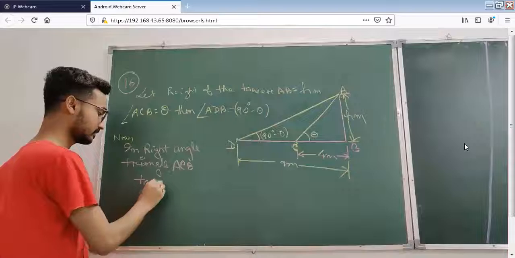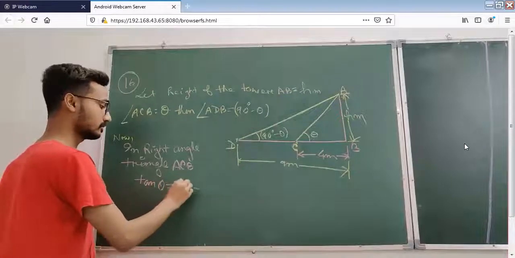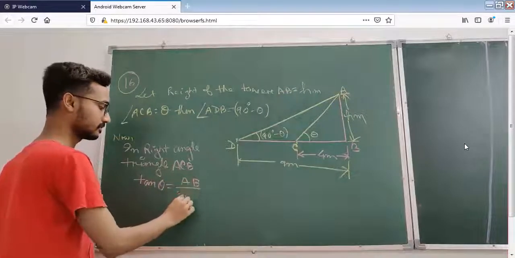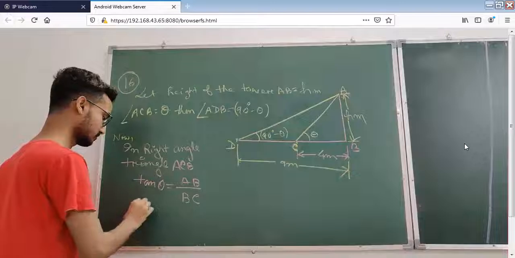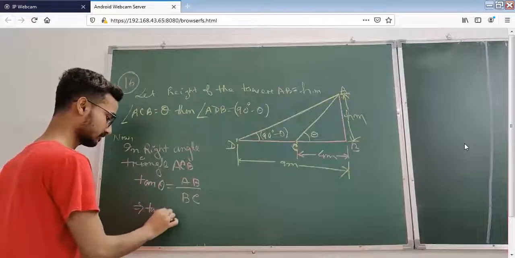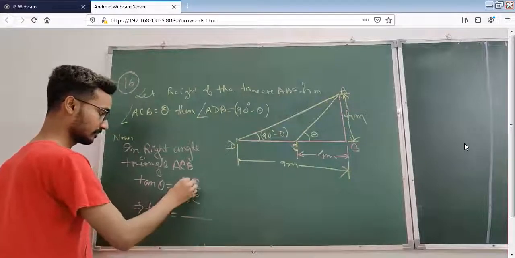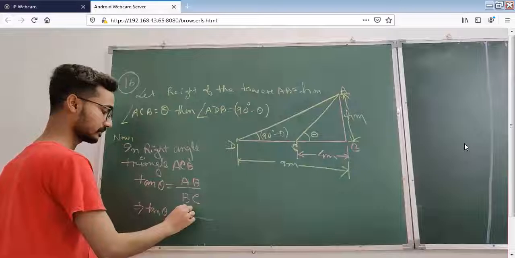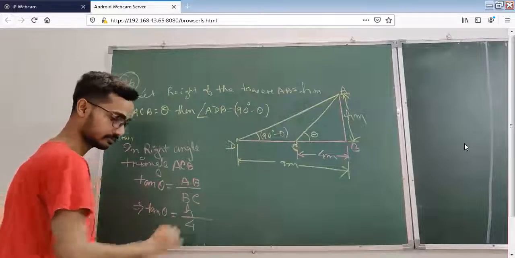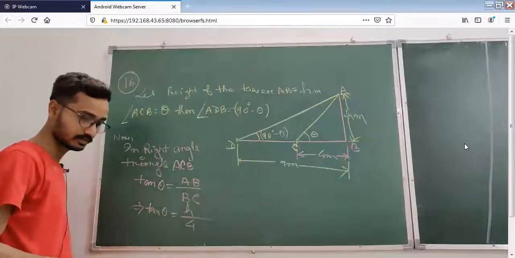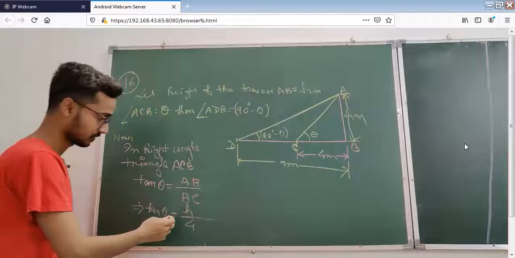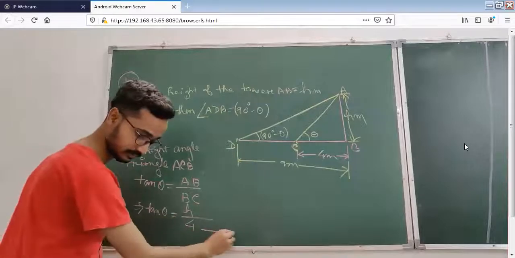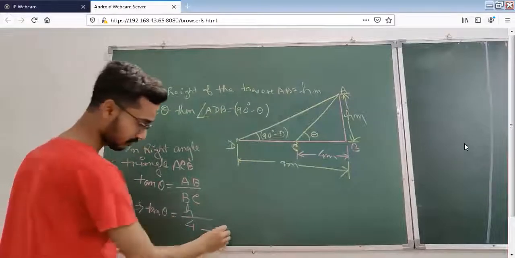It means tan theta will be AB by BC. So you can have tan theta will be AB. AB is nothing but h, and BC is your 4. Yes or no? BC will be your 4. So tan theta will be h by 4. Give this one as number 1.